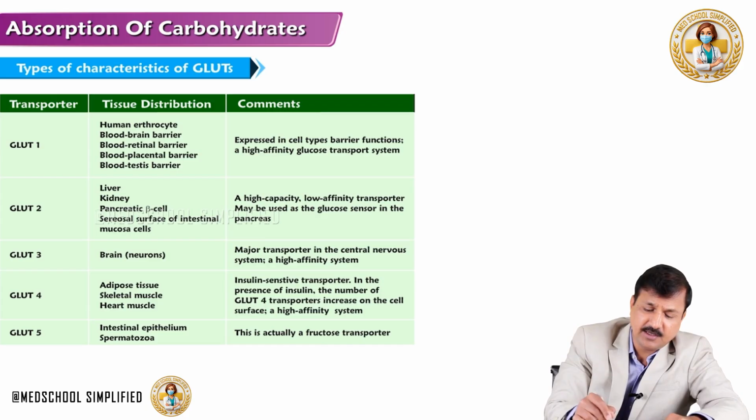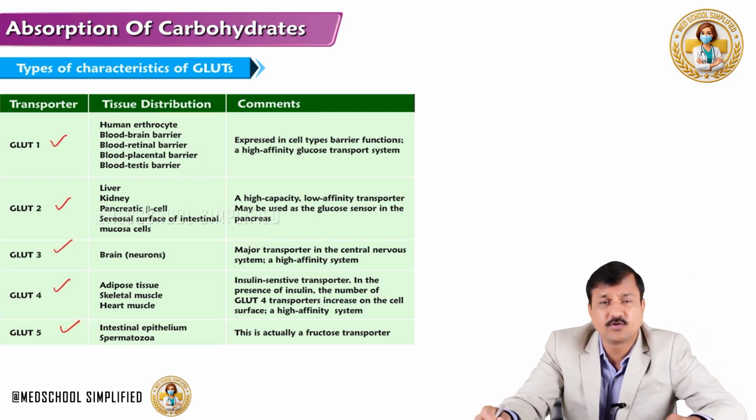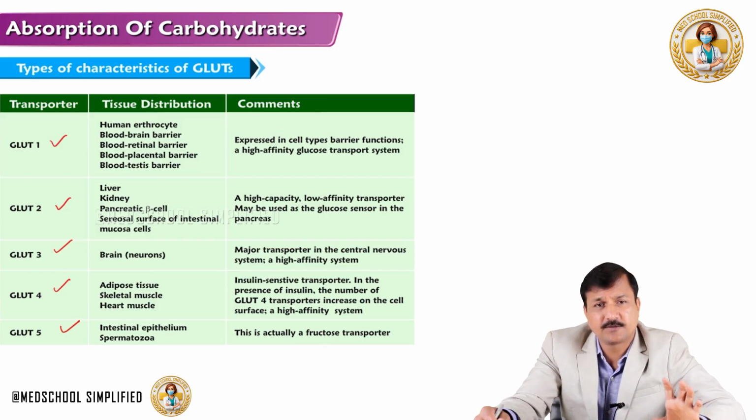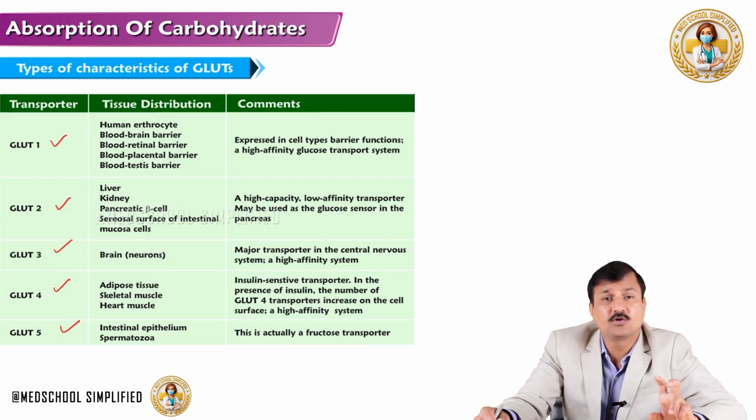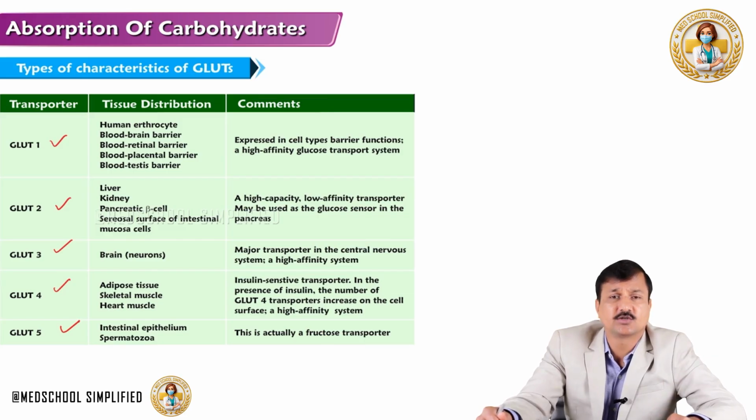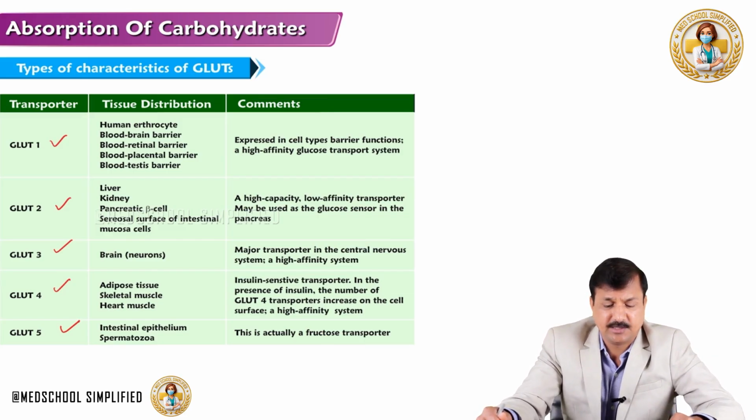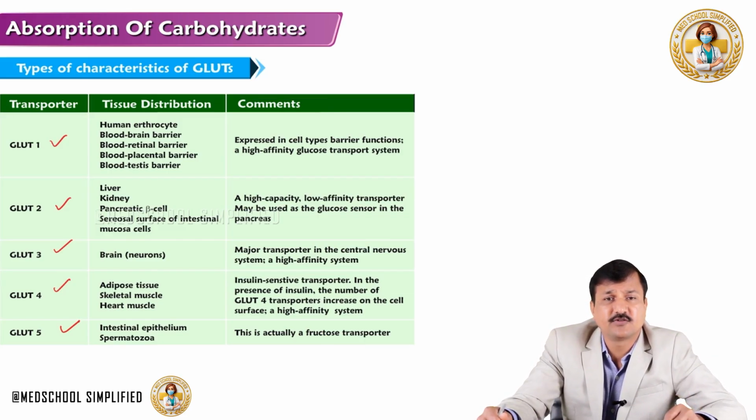Here in the table I have mentioned only 5 types of glucose transporters, GLUT1 to GLUT5. Otherwise, there are 12 types of glucose transporters. GLUT1 is present in the red blood cell and in all kinds of barriers, such as the blood-brain barrier, blood-testis barrier and blood-placental barrier.